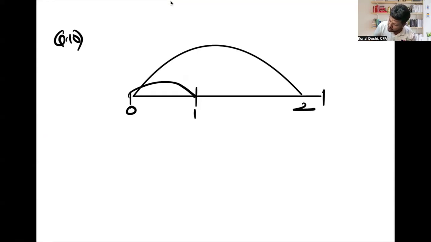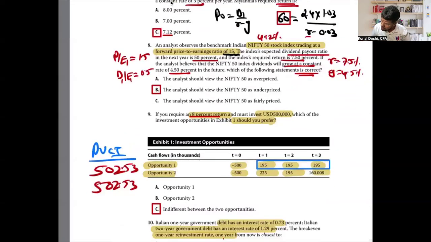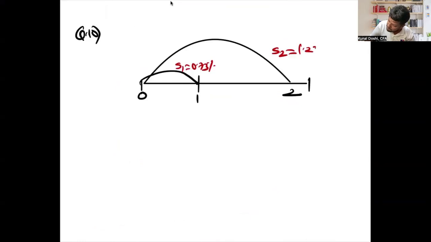This is the 1-year spot rate, 0.73 percent. And the 2-year spot rate is 1.29. Am I correct? 1.29. Now, what is this rate between 1 and 2 called? This rate between 1 and 2 is called 1 year forward after 1 year. It's a 1 year forward after 1 year.